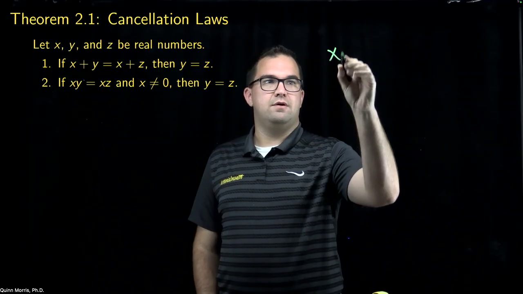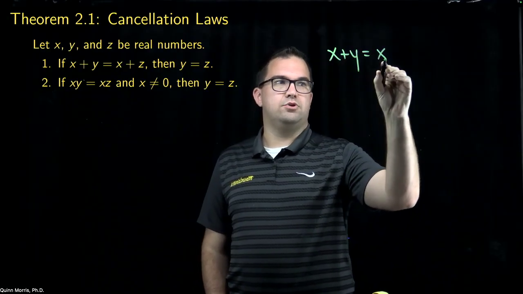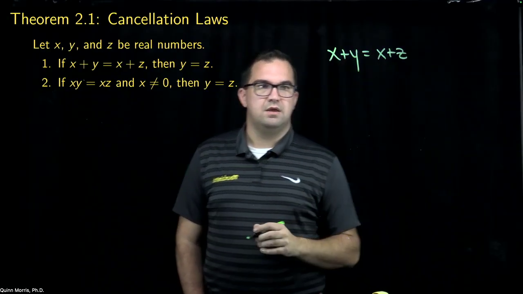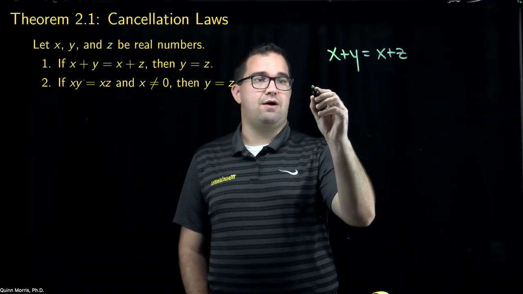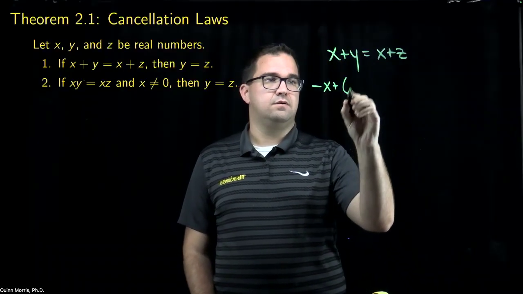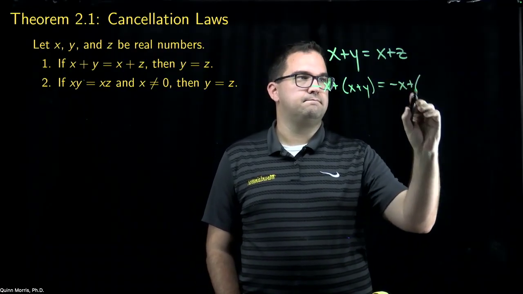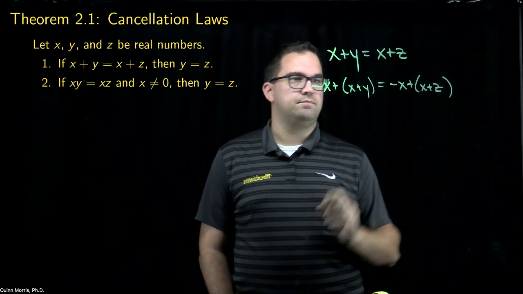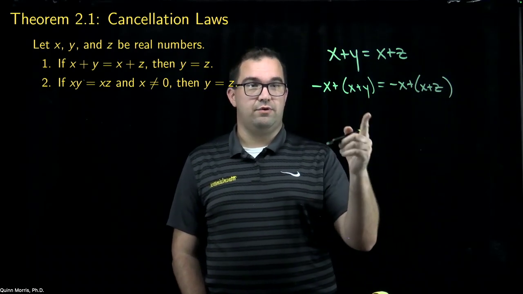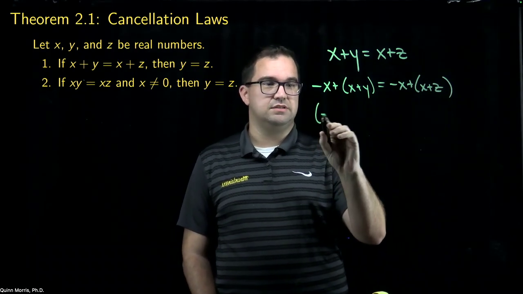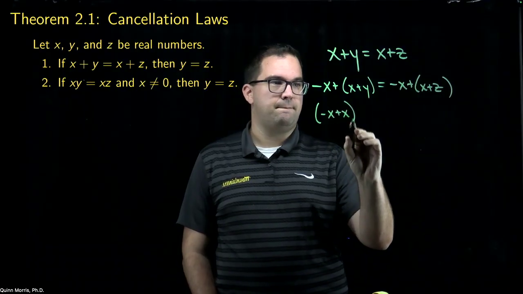I'm not going to write out a full proof here, but just to give you the idea, right? If you have that x plus y is equal to x plus z, I can add the same thing to both sides. I'll add a negative x to both of these quantities. Now, by the field axioms, it's associative.